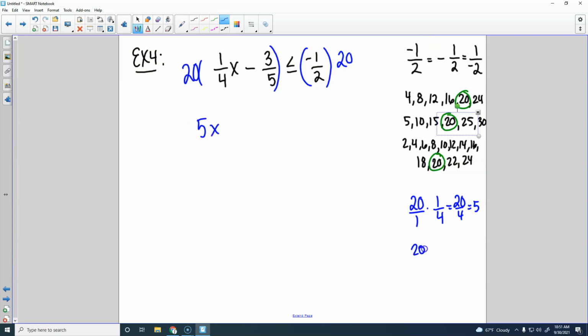I got to do 20 times 3/5, which is 60 divided by 5, which is 12. And negative 1/2 times 20 is negative 20 over 2, which is negative 10. Alright, so you guys feel better? Fraction's gone?